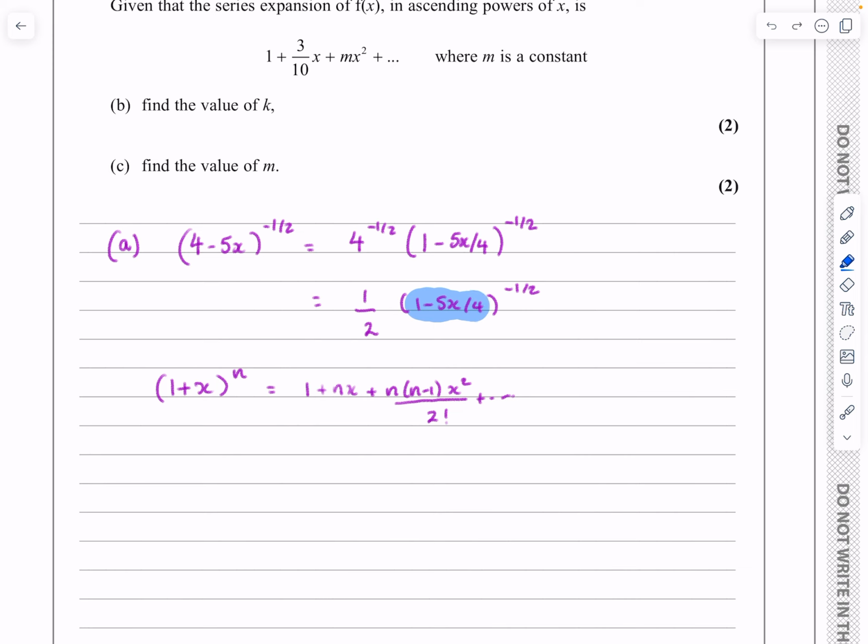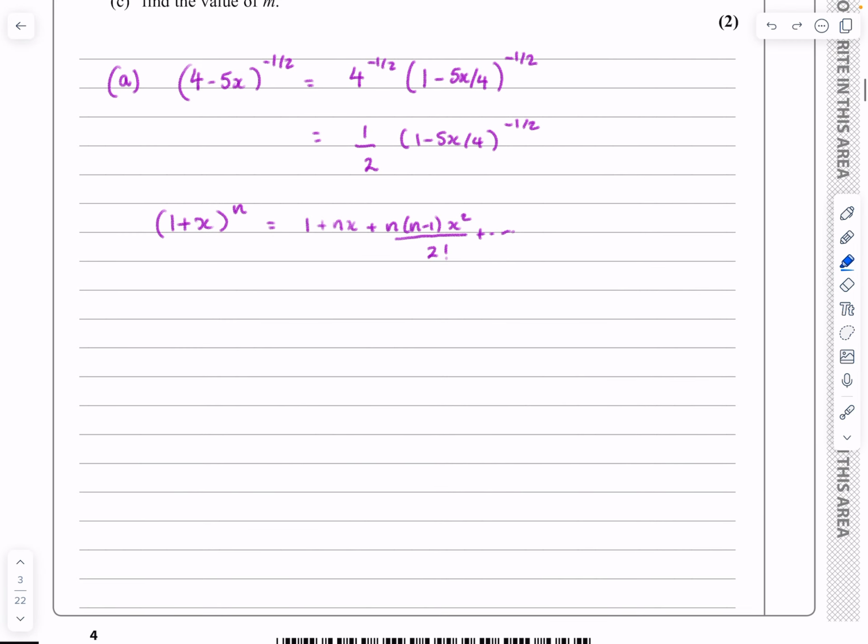1 minus 5x over 4, all to the power of minus a half. Now I'm going to write my full answer. So this is equal to my half outside the bracket, and now I can focus on tidying up this bit using this formula. So it's 1 plus nx. That's 1 plus n, which is minus a half, and x, the thing that I'm adding on, is minus 5x over 4.